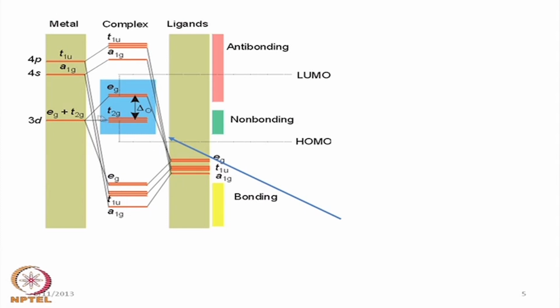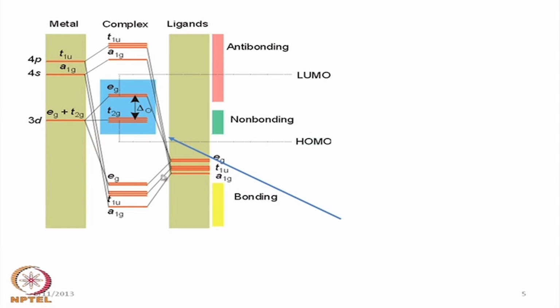Since these two give a bonding part and an anti-bonding part, the bonding part will have energy close to the ligand side. That means the presence of the 4s and 4p levels will not change the energy much from that of the individual atomic orbitals present on the ligand side.